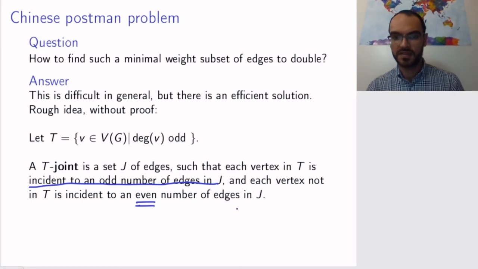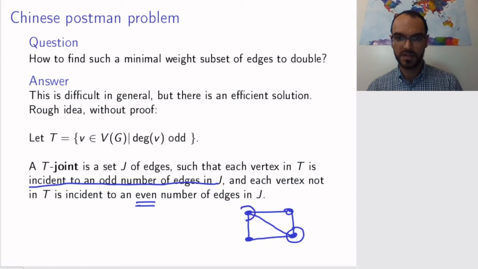So in the graph that I drew on the last slide, that was exactly what we did. We had this graph, and my T were these two vertices. These had odd degree, and now I added this one edge, meaning that I made the edge that was already between them into a double edge.